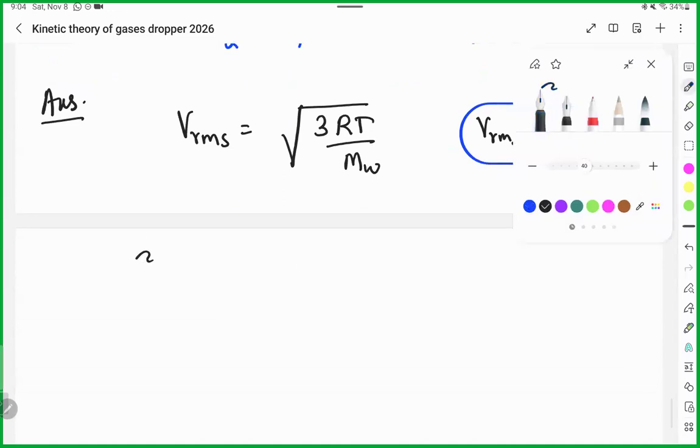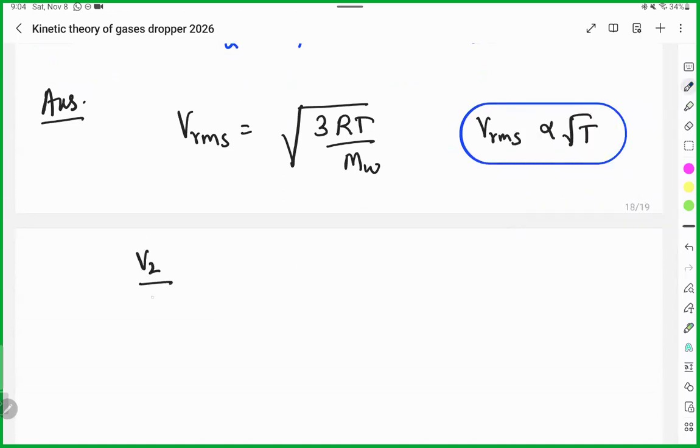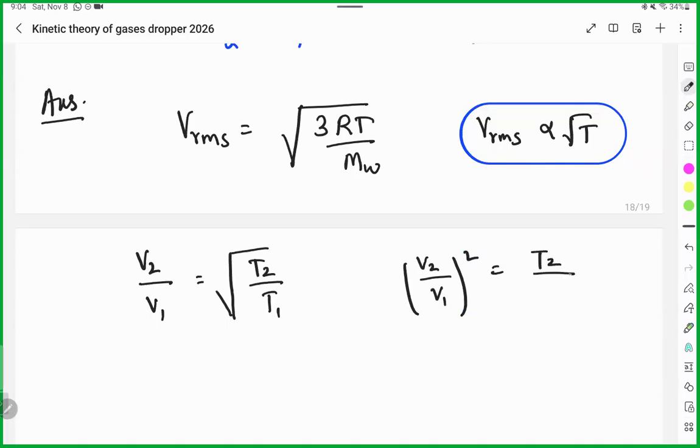So what you have to write? V2 by V1 is equal to under root T2 by T1, directly proportional. You take the root to the other side, so V2 by V1 whole square is equal to T2 by T1. Now you can put the value.